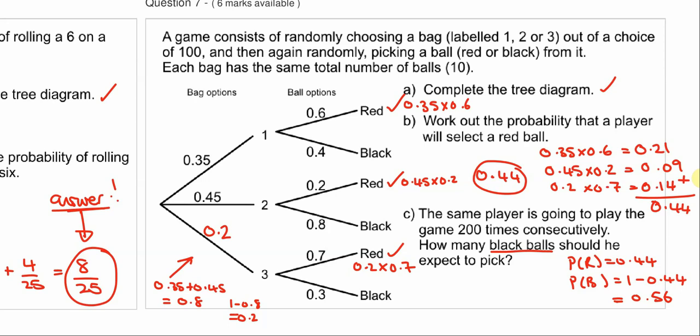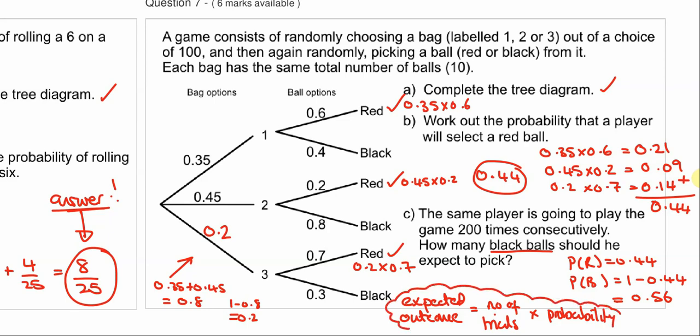So expected outcome equals number of trials times by the probability. And that's something you can kind of reason yourself if you ever forget it.